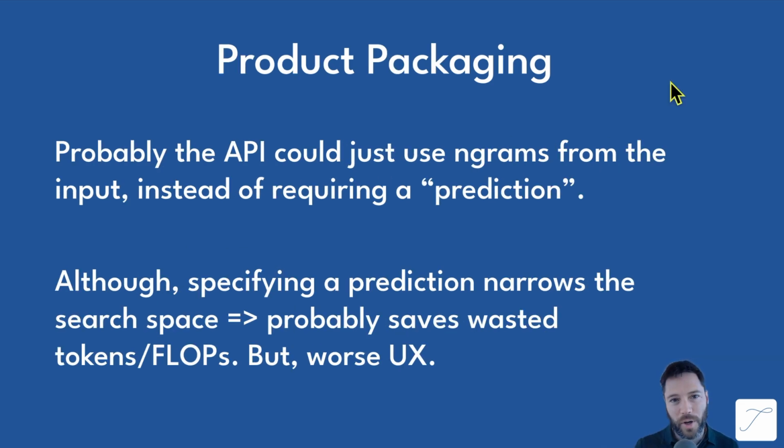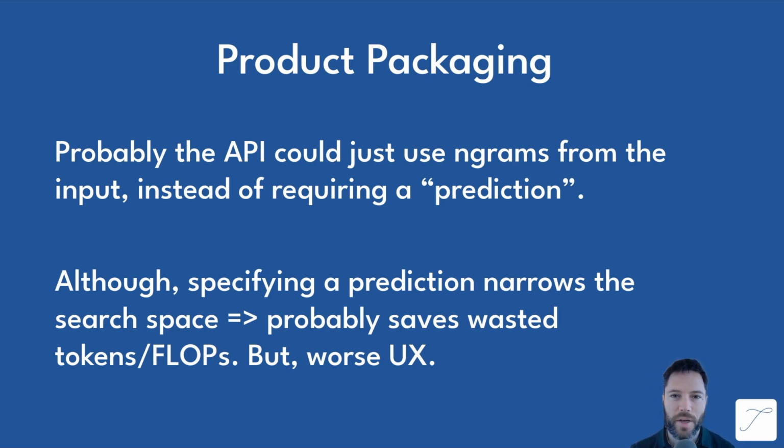Now, in terms of product packaging, OpenAI have made a design decision that you can provide your predictions instead of just relying on them generating n-grams or sequences from your prompt. So why would they do this? Well, I don't have any inside information, but my guess is when you specify a prediction, it narrows down the field of guesses to just the token sequences within that prediction, as opposed to potentially guessing from any sequences within your input.